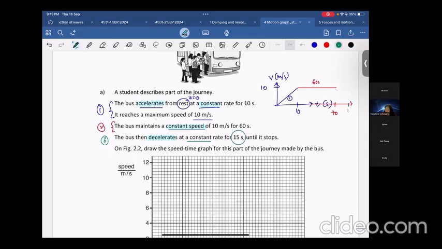Another 15 seconds, I will go to 85. Right? I will decelerate until it stops. Stop, that means the final velocity is 0. So from here, I will slow down until I get to 0 and I stop. This is how the graph is showing you. Is it okay?